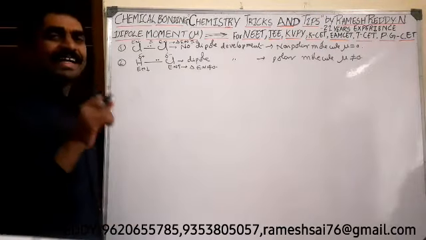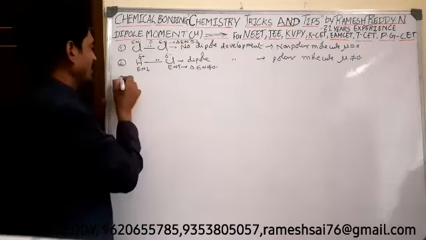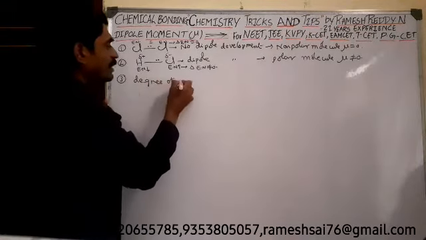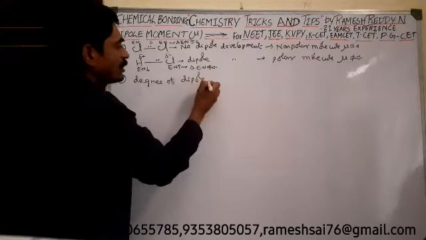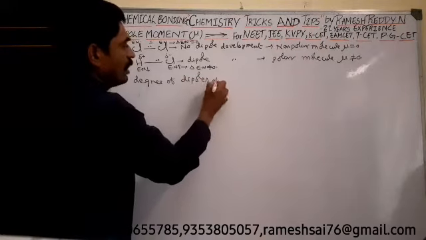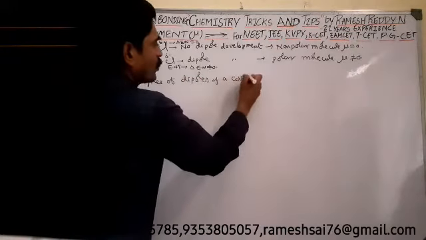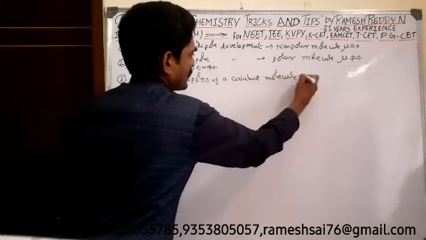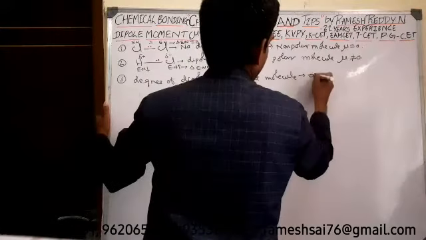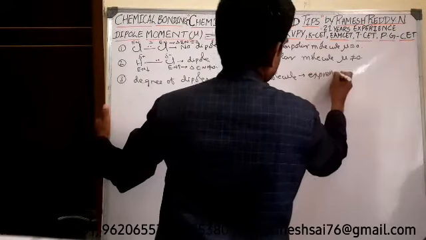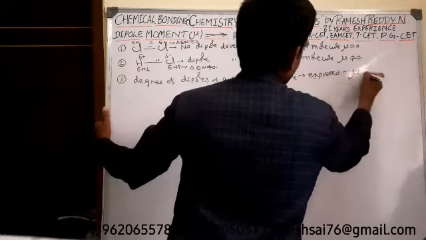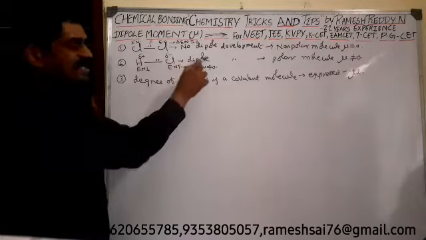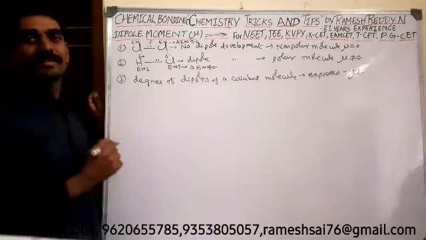Then the degree of dipoles of a covalent molecule is expressed in terms of dipole moment, right? That means, okay, a dipole is developed, but how much is it?